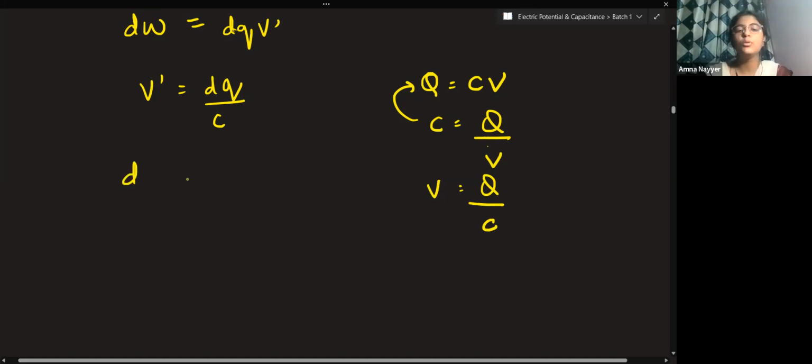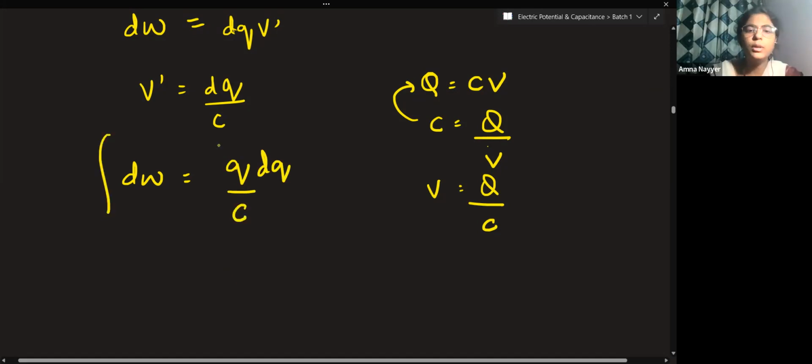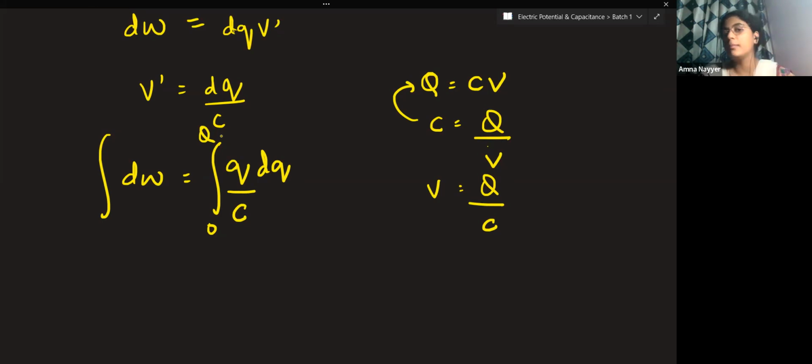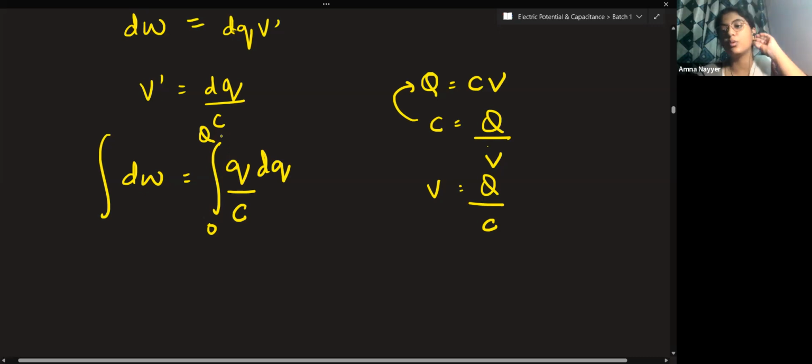So dW, the work done, will be equal to q dq divided by C, and then we have to integrate it from 0 to capital Q. If anyone has any difficulty in integration, just write me in the chat box, because in the 11th class batches, integration is going on right now.